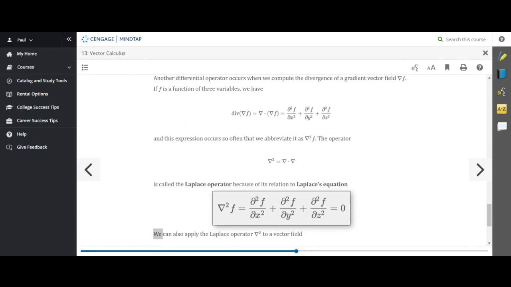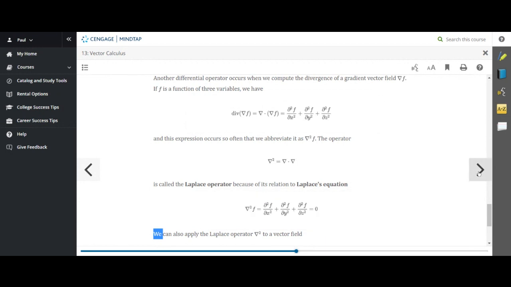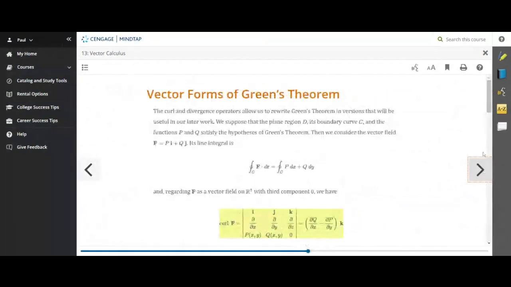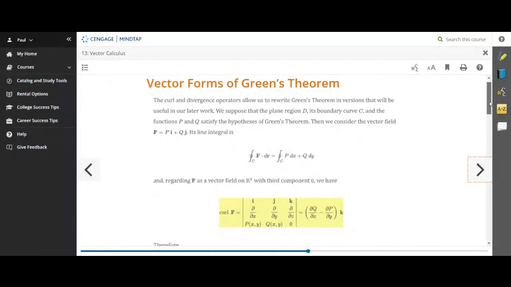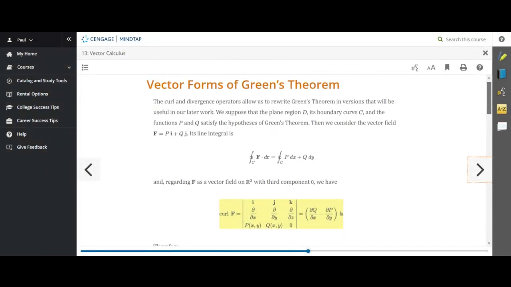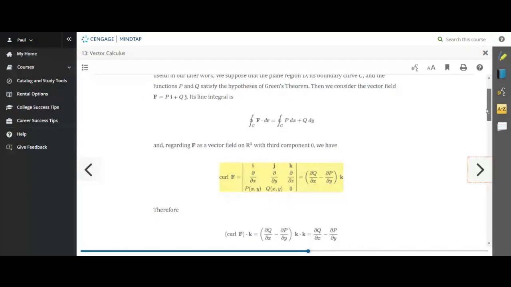And actually, if we go to the next page, I'll show you something else. Green's theorem, which you just learned from section 13.4, can be written in terms of vector notation.